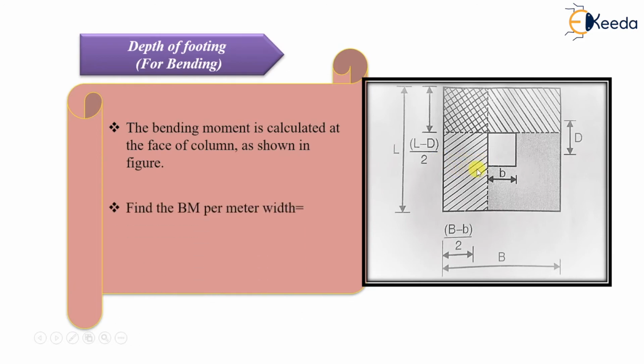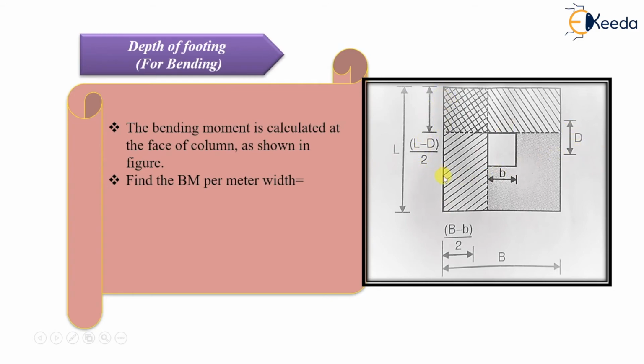Here the shaded portion will be capital B minus small b, which gives this area and this area. After dividing by 2, we can find out this width, that is capital B minus small b upon 2. Similarly, in the vertical direction, if your column is rectangular, then it will be capital L minus capital D upon 2.